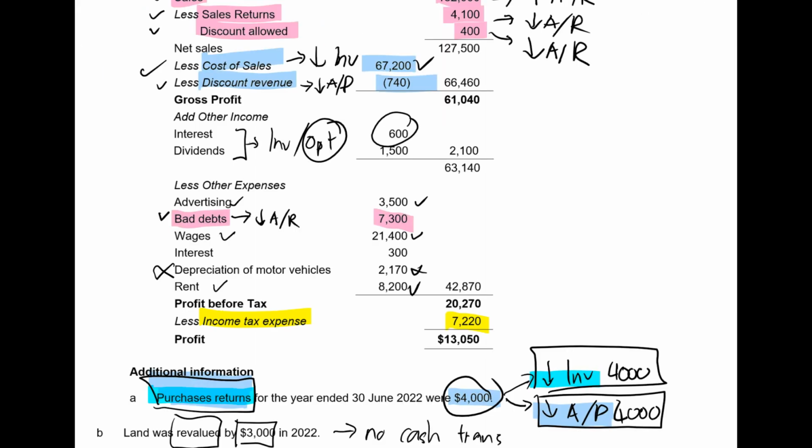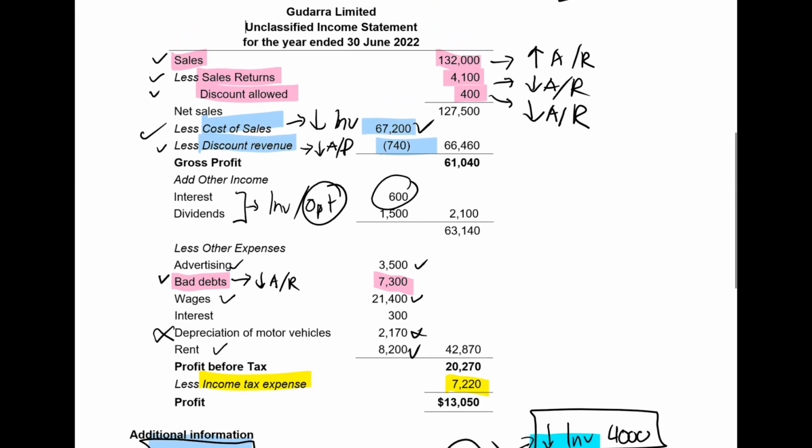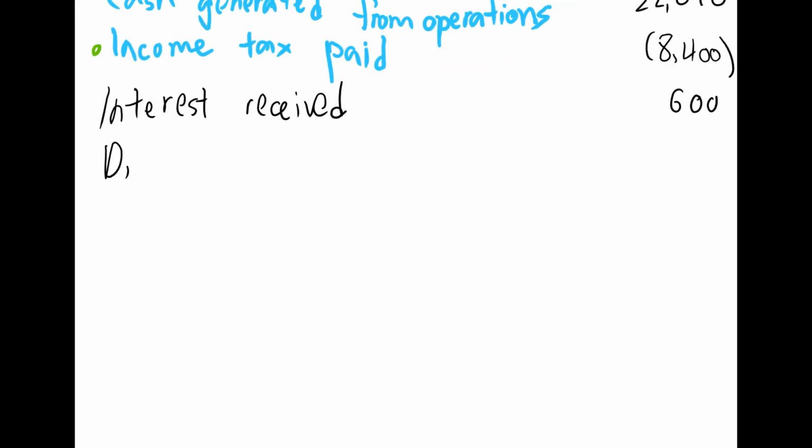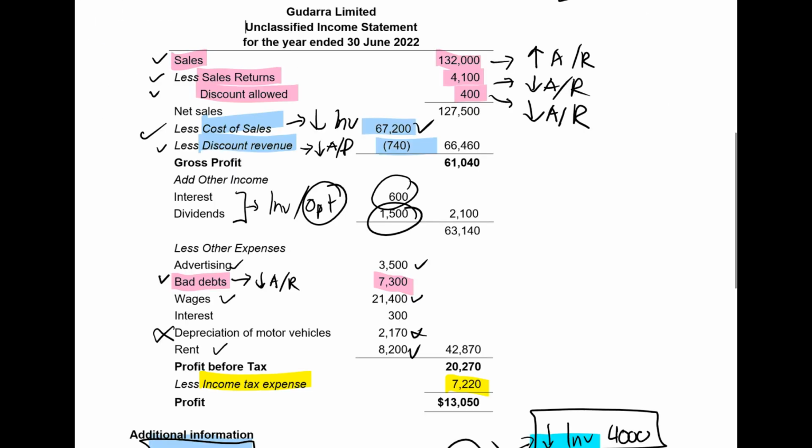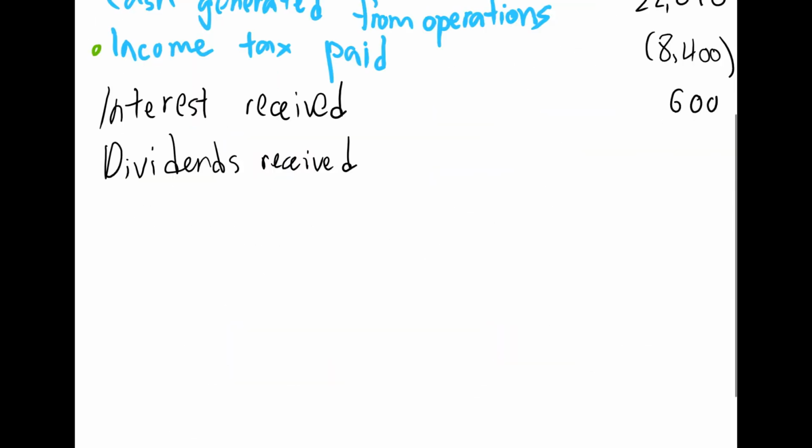Now look at the next one, dividends received. Dividends that we receive is 1,005, because there is no unearned or accrued dividends income in this question. So take 1,005 and just put it in your operating activities. So we have dividends received 1,005.